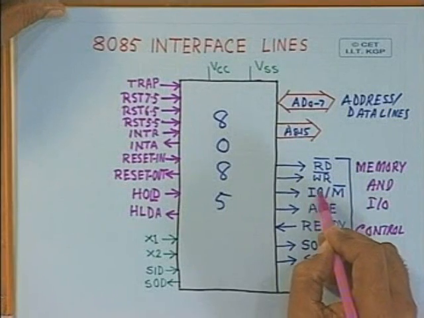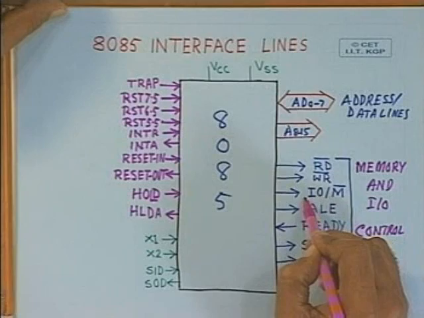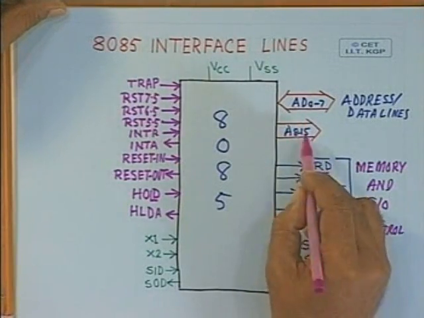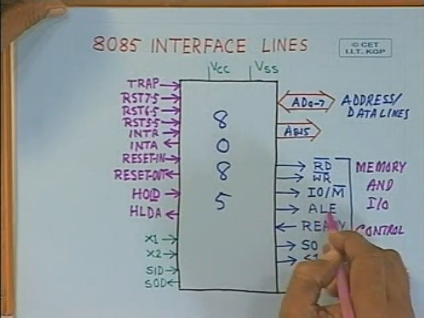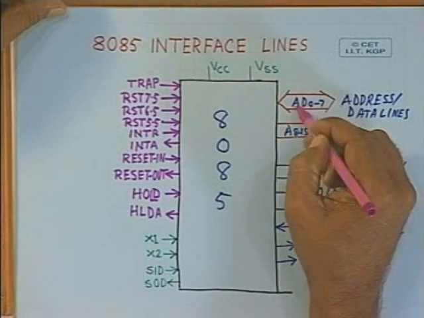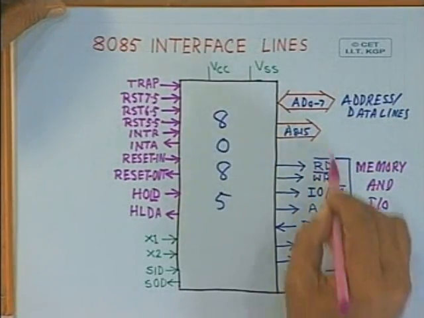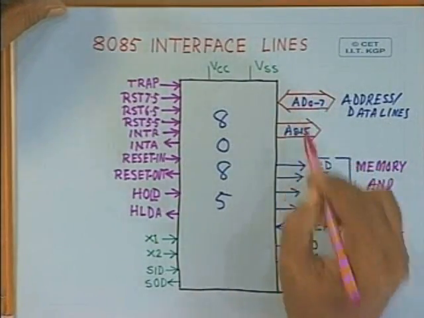This is for informing the outside world that the address that is generated is for I/O or for memory. And this is that address latch enable, which tells whether on these lines you have got address or data. Whenever this is active, that means here you have got address. When it is not active, that means you have got data lines.